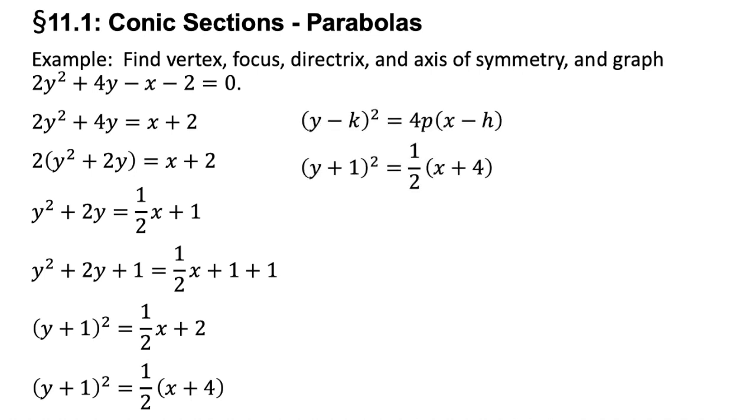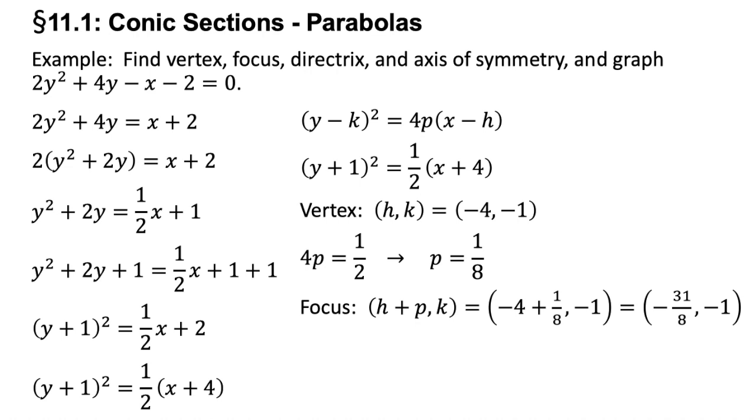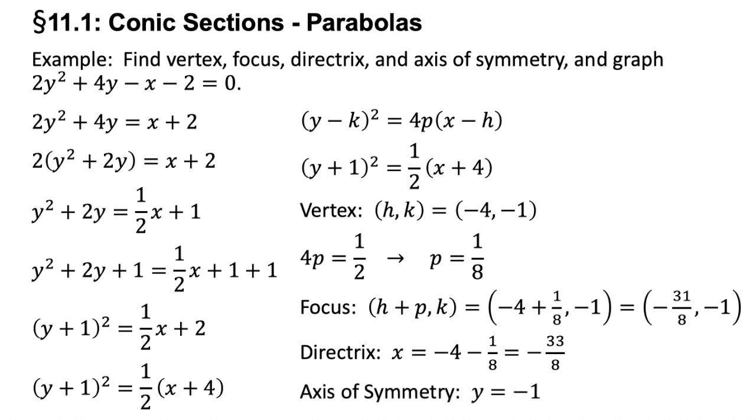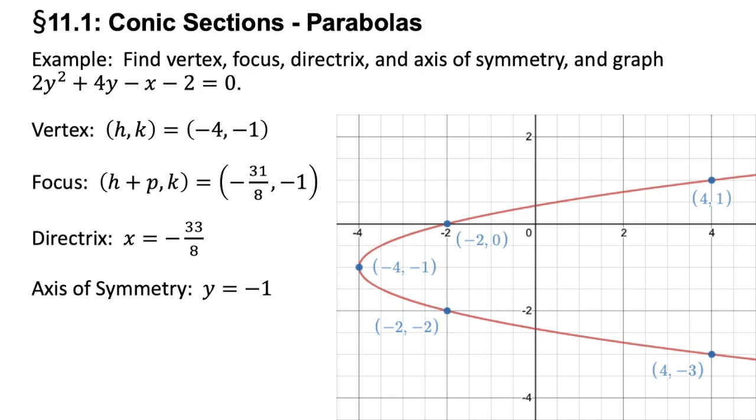This follows one of the forms, so vertex is at (-4, -1), and 4p equals 1/2 implies p equals 1/8. Since y is squared and p is positive, parabola opens right, with the focus at (-31/8, -1). Directrix is x equals -33/8, and axis of symmetry is y equals -1. Using this information that we just found, we graph the equation of the parabola.